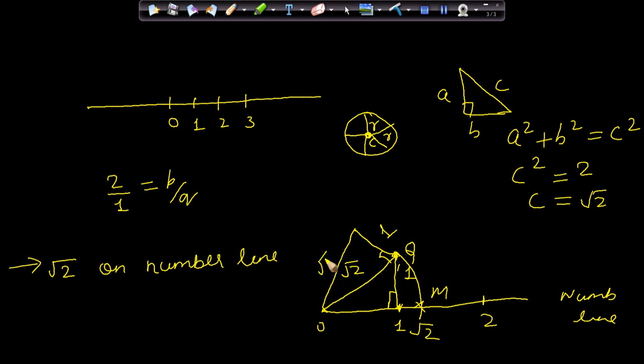So this length is root 3. Similarly draw an arc with center O and radius this point, that is root 3. If you draw an arc, it will come here somewhere between 1 and 2, right? This is root 3.